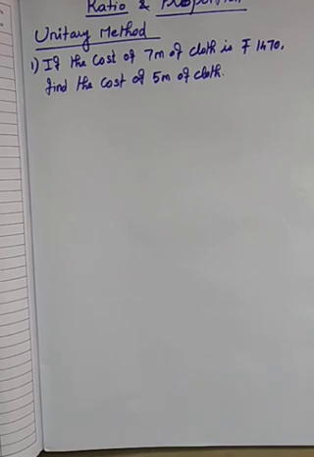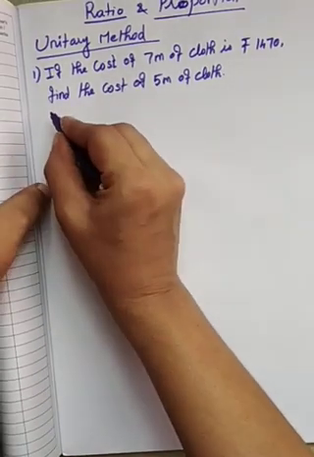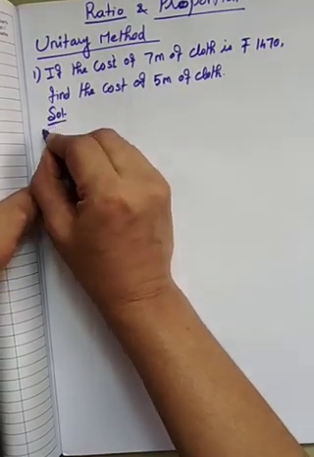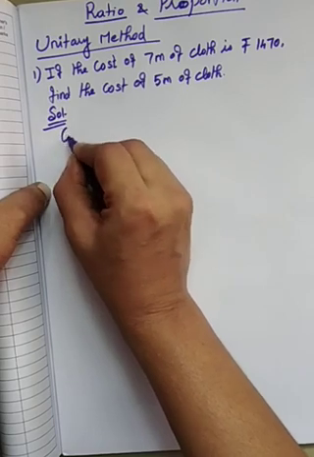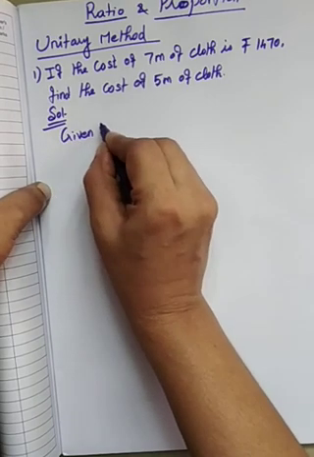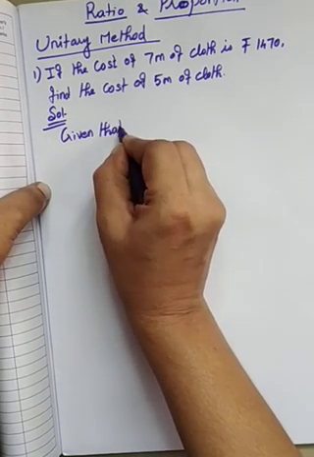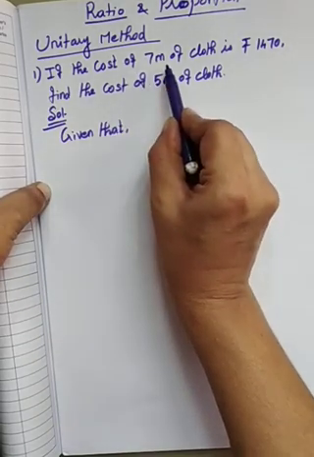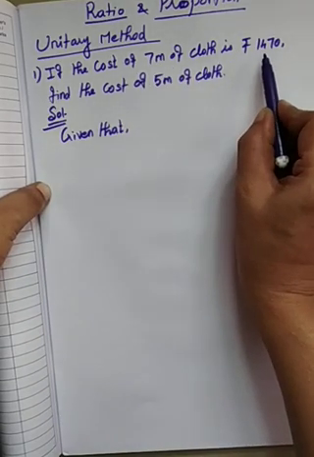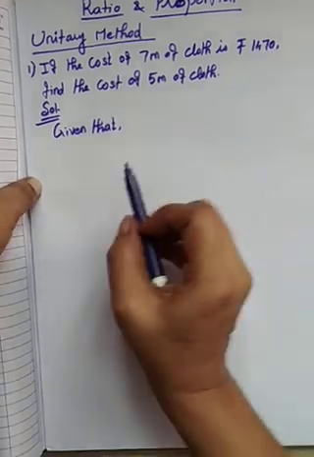So first we have to find the 1 meter cloth amount. After that you have to find the 5 meter of cloth cost. Okay, see here first, what is the given condition? Cost of 7 meter of cloth is rupees 1470, right?